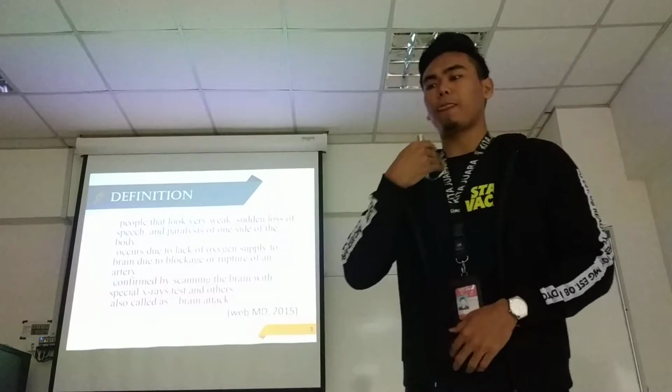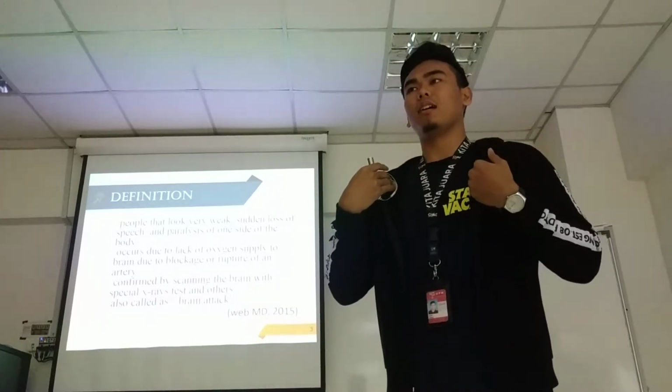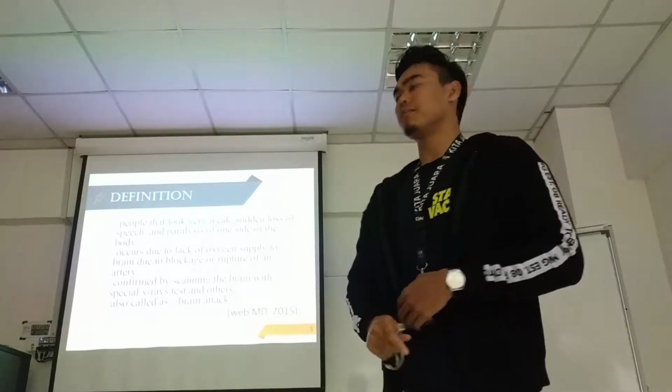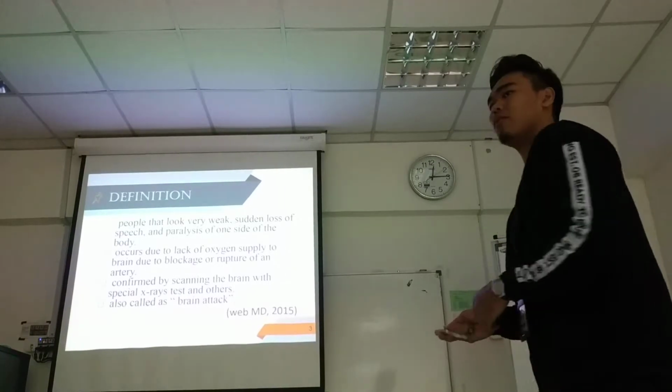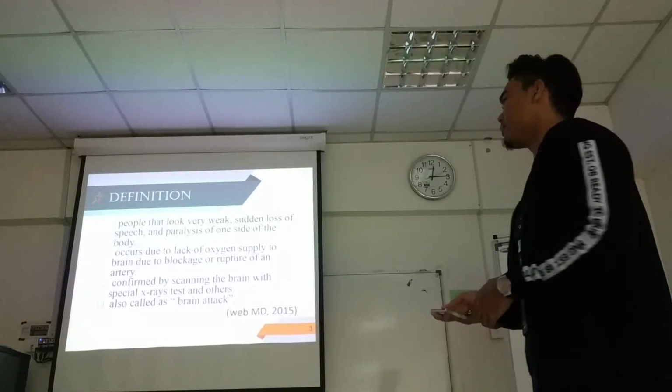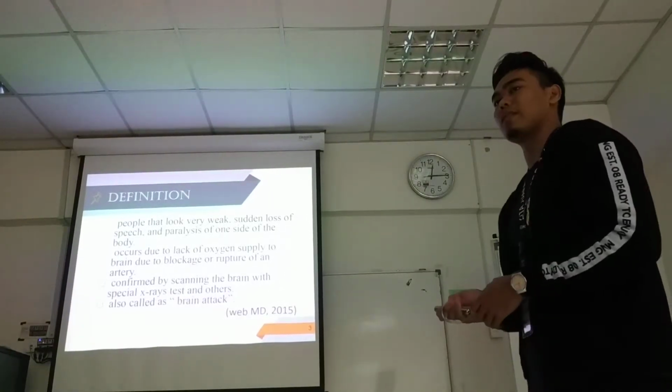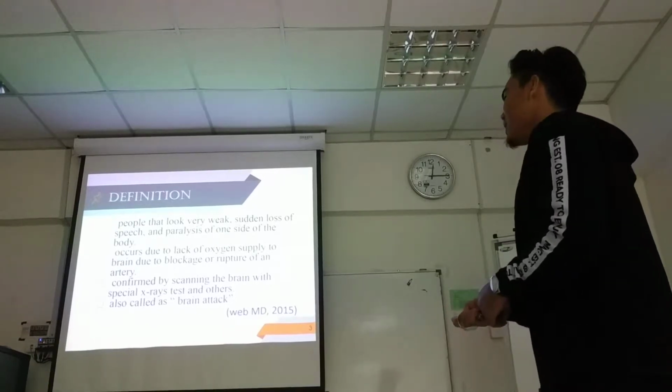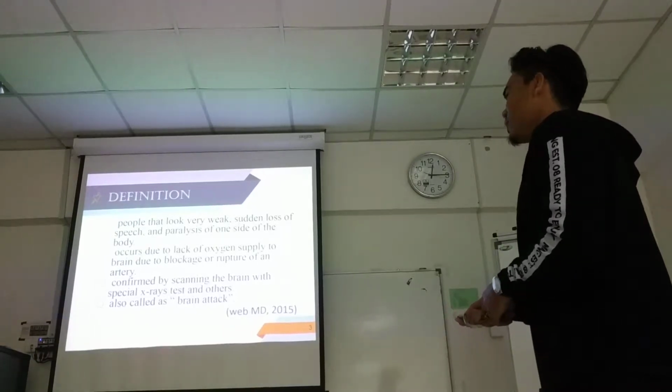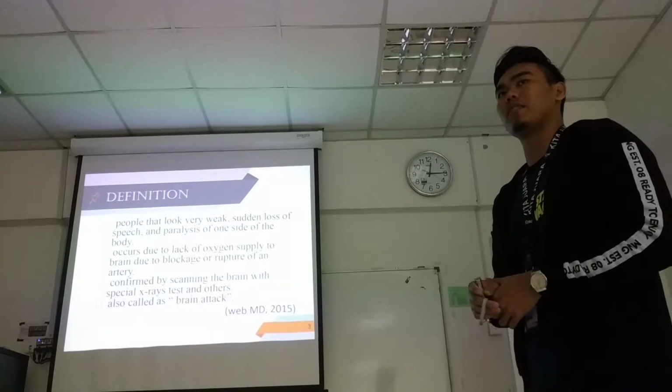It's either on the left or right, or the top and the bottom. We can confirm this stroke by scanning the brain with special X-ray tests and others. We can also call stroke the brain attack.